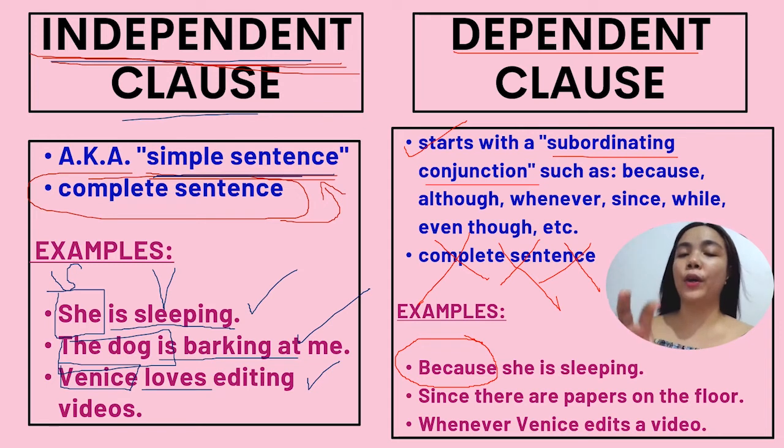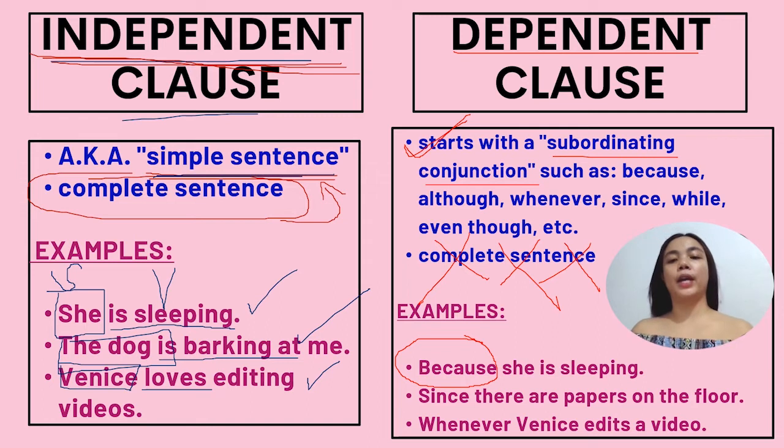Remember, a clause, whether independent or dependent, needs to have a subject and a verb. So, here, we have she as the subject. She is the person we are talking about. And then, is sleeping is the complete verb.